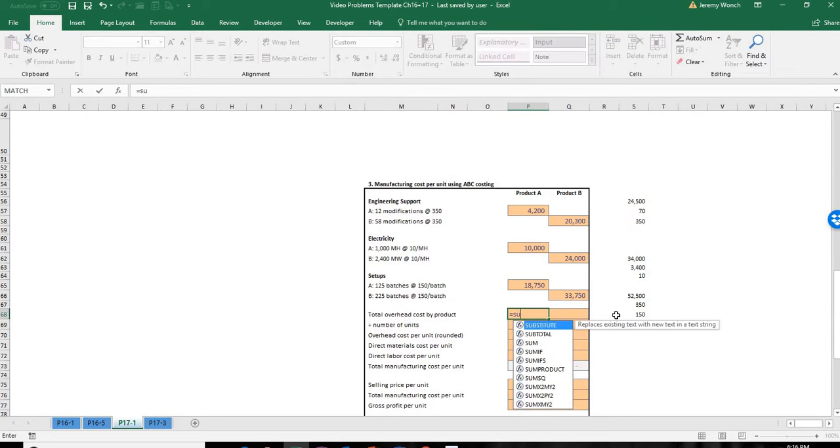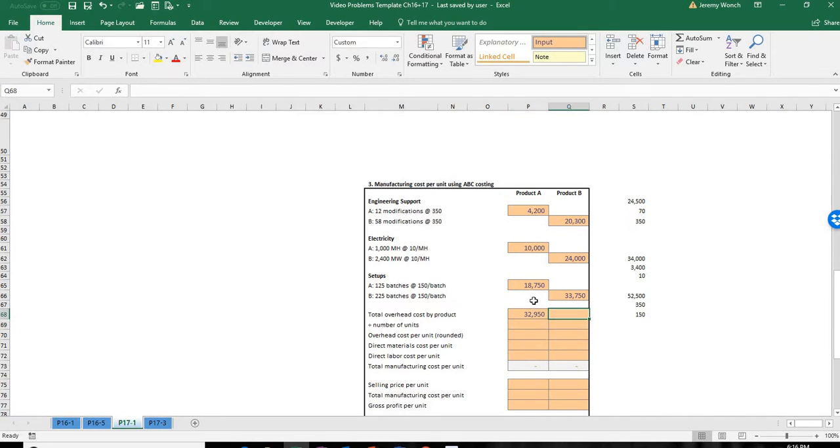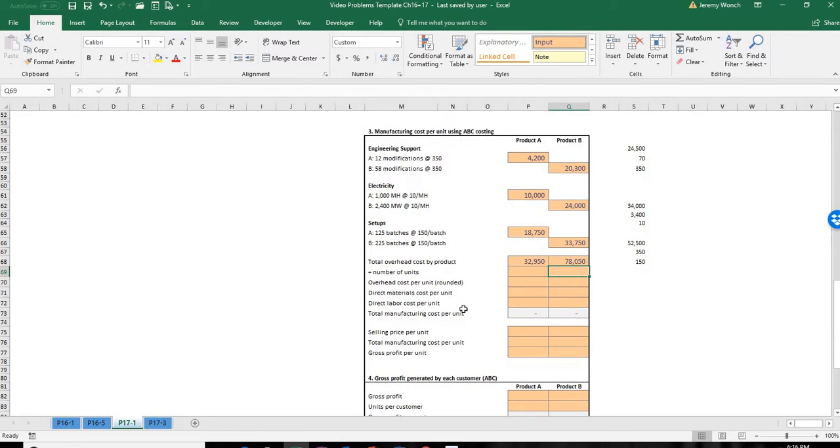So now we can add up our total product cost for A and add up our total product cost for B. Divide by our number of units, so we had 10,000 and 2,000. That's going to give us our overhead per unit.